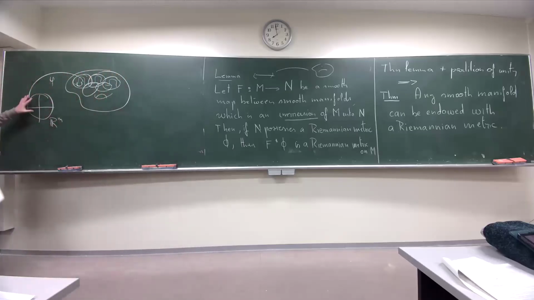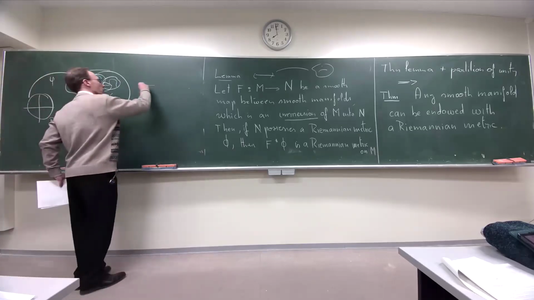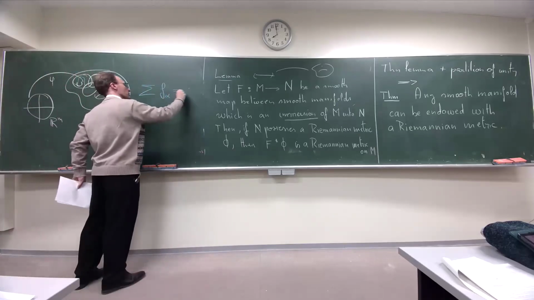Always remember, a smooth manifold is locally not very different from Rm. So you can take part of the structure from Rm, bring it back to the manifold, and now we have this notion of partition of unity. So we decompose the space here with this partition of unity, with a family of functions summing up to 1.